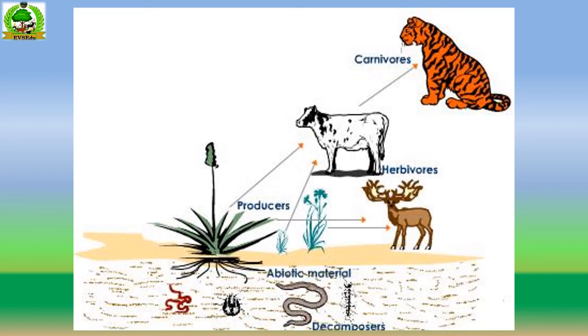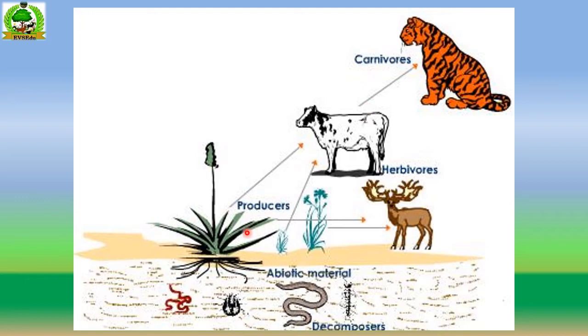This is an interaction, or we can say a food chain in an ecosystem, where there is a dependence of primary producers, herbivores and carnivores. How does energy get transferred from one level to another?